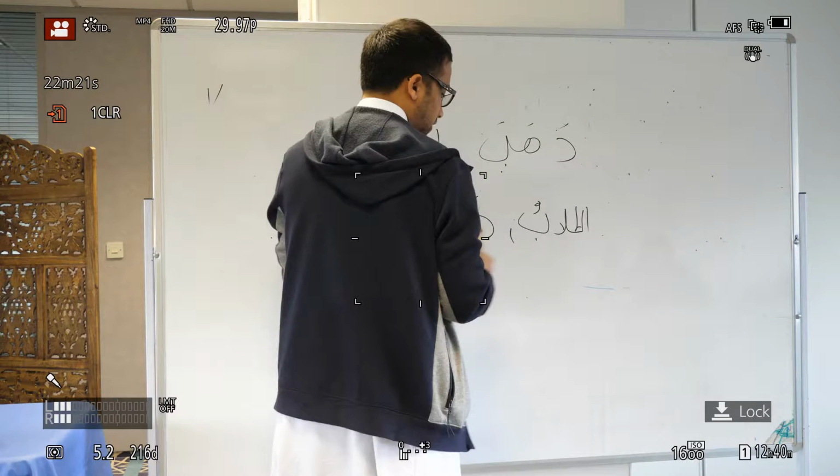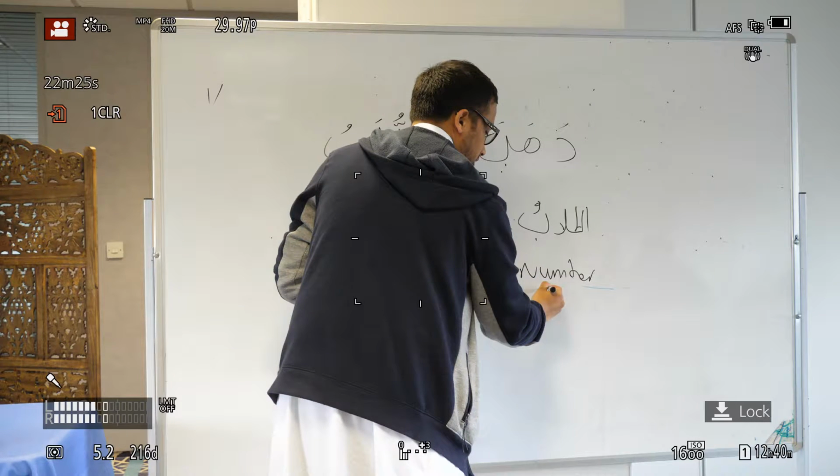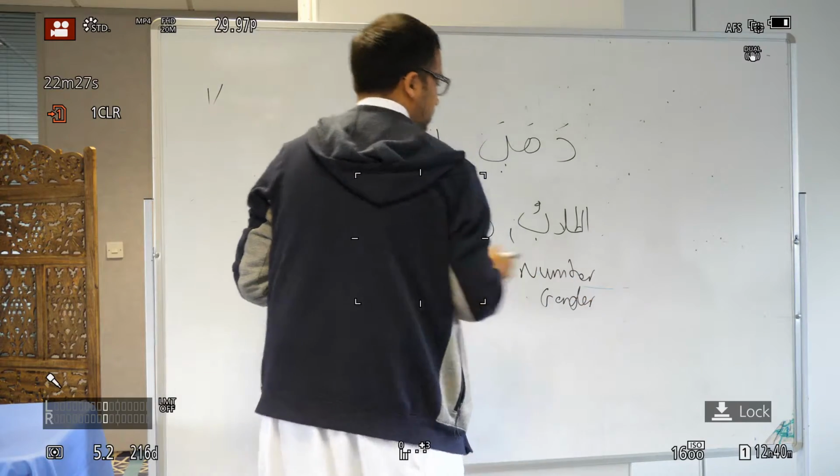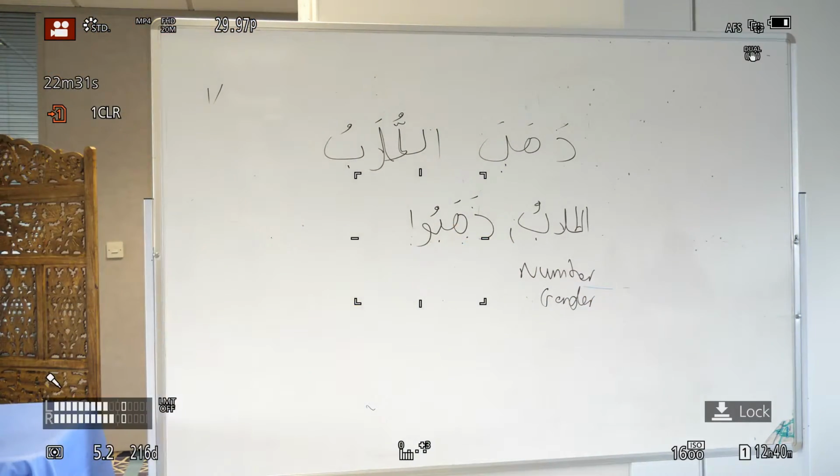So these two have to agree in two things: the number and the gender. Okay? So if this first word is going to be plural, you have to make the second one plural. If it's going to be feminine, you're going to make it feminine. If it's two, at-talibani, what are you going to say? Dhaha-ba.